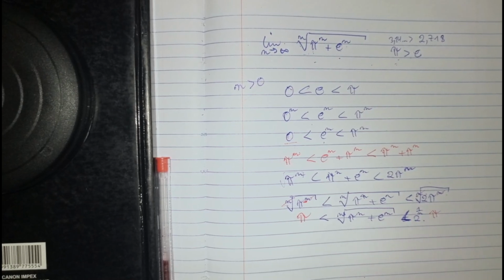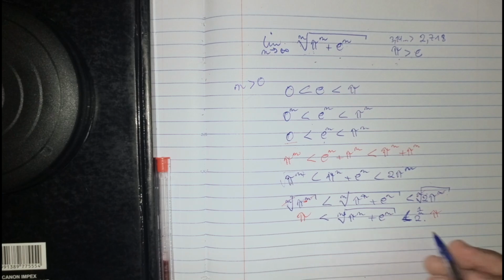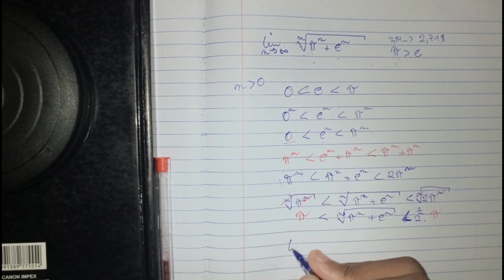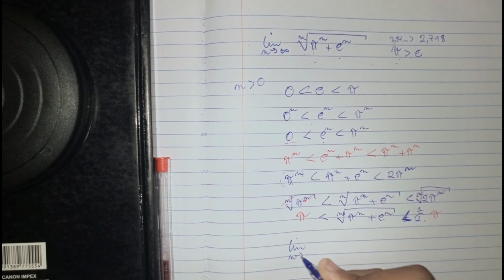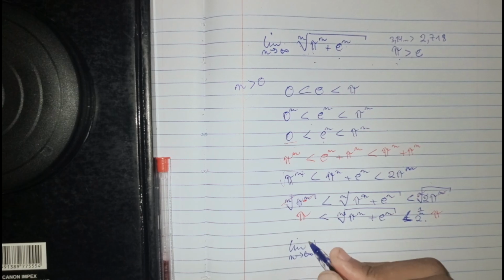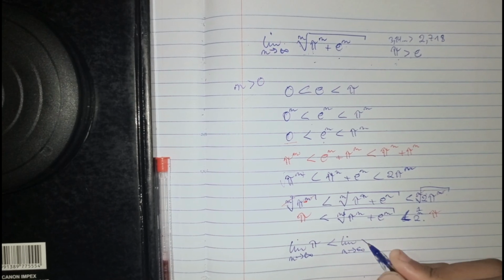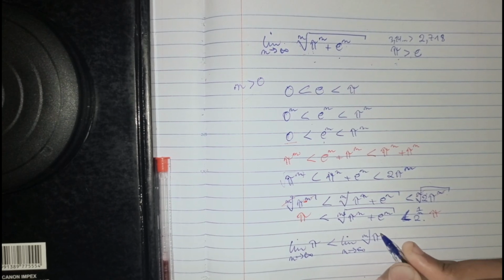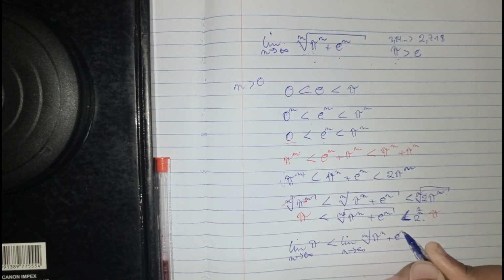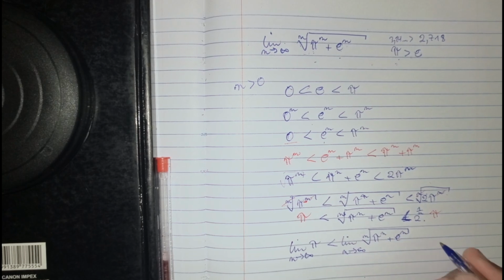So if we take limits on both sides, when n goes to infinity, we get pi, and then 2 to the power of 1 over n times pi.